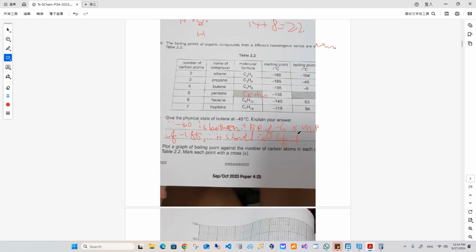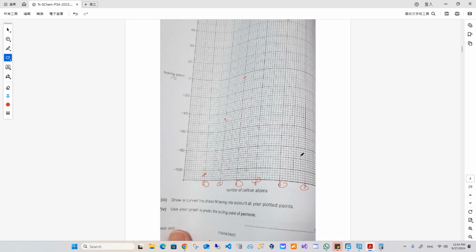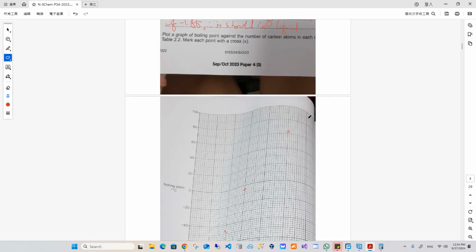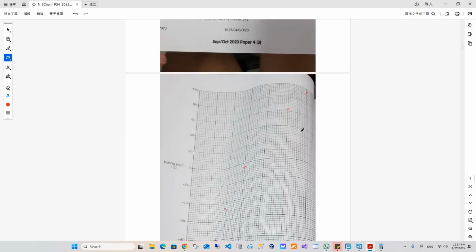Okay, a little bit here. And then heptane is 94, 94, so 2 across here. Now my picture is slanted.